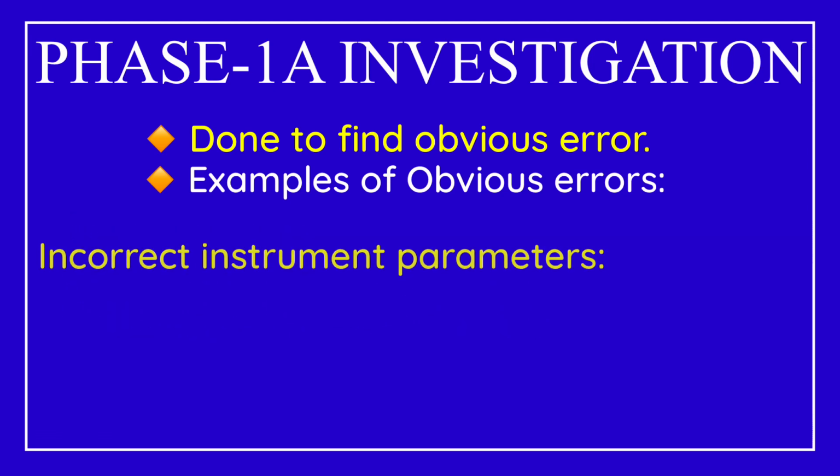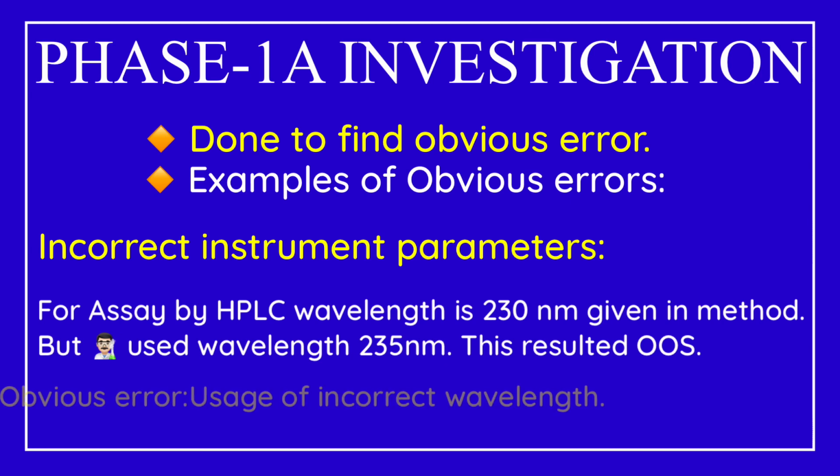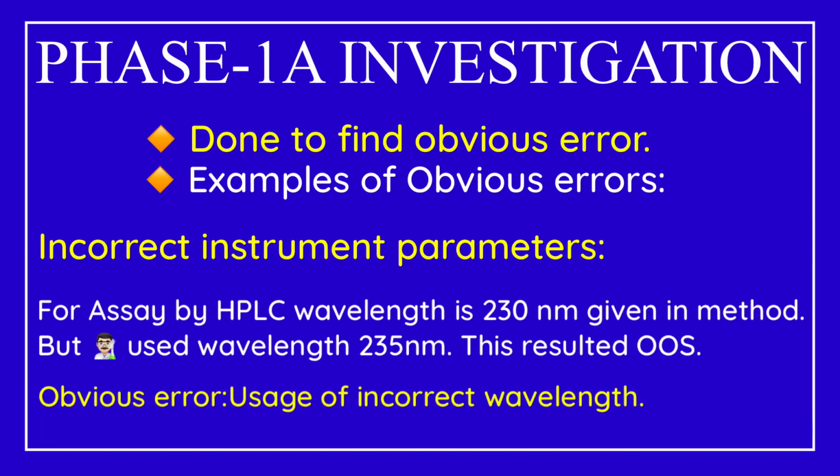Suppose for an assay test by HPLC, the wavelength of the detector is given as 230 nanometer in the method, but the analyst has used a wavelength of 235, because of which OOS results were obtained. So in this example, usage of the incorrect wavelength is the obvious error for getting the OOS results.